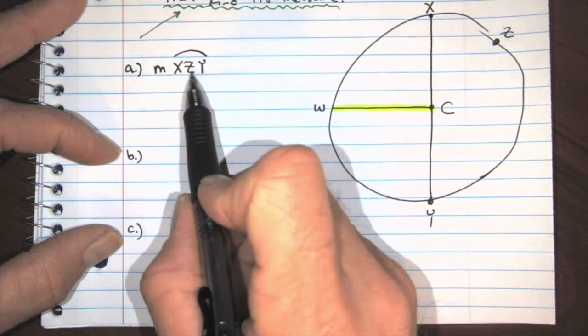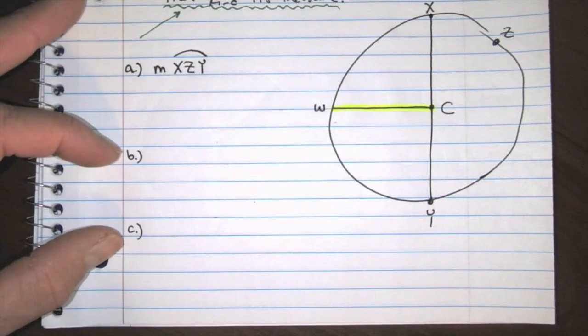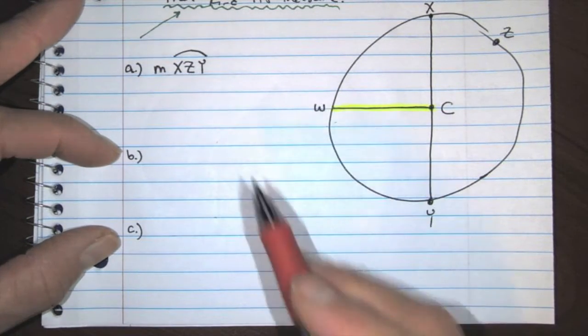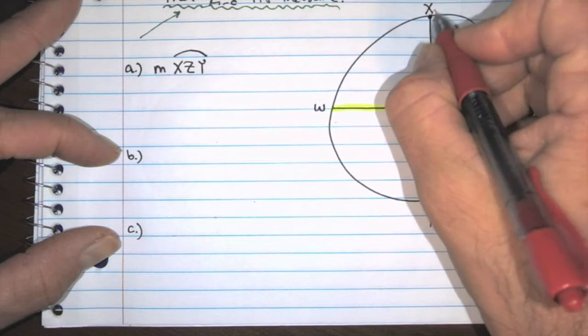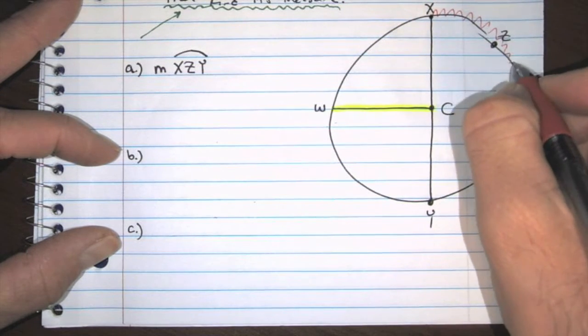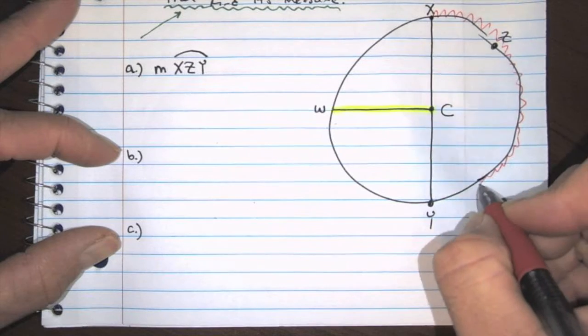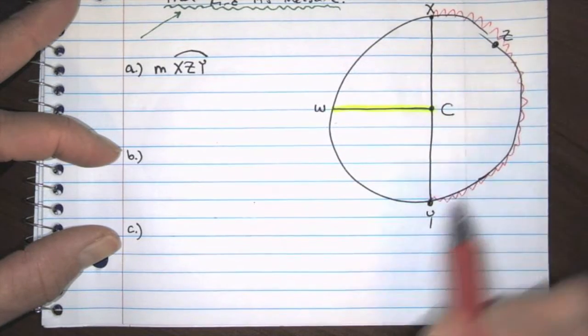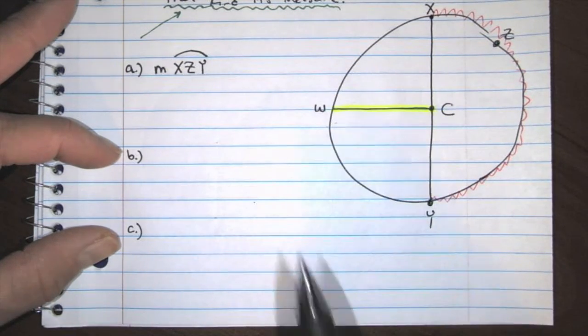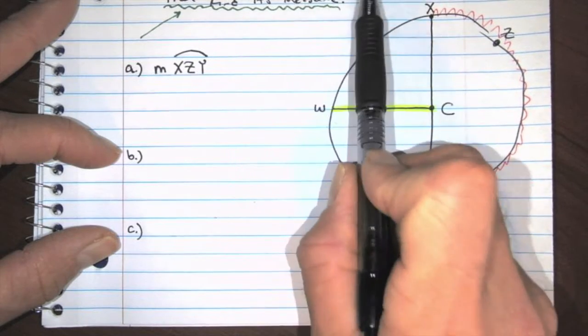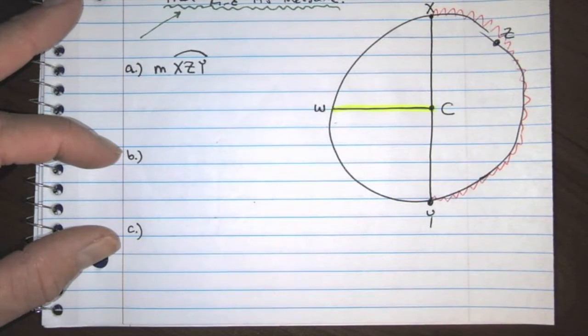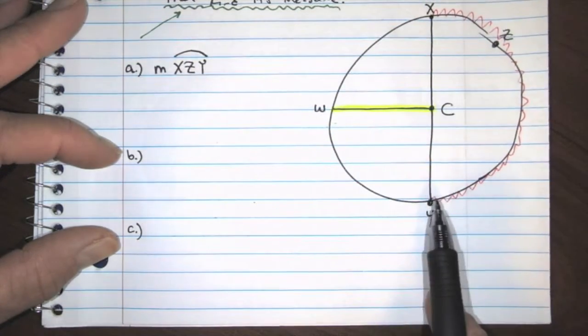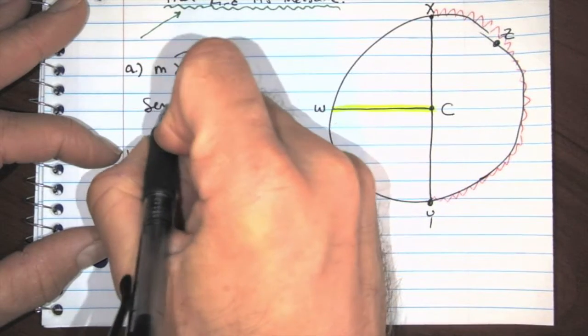Let's find the measure of X, Z, Y, and I'll help you identify where it is. X, Z, Y, X to Z. It's an arc. Alright, first things first. Is this a major arc, minor arc, or a semicircle? Well, we just got done talking about this. Everybody, this is a semicircle.